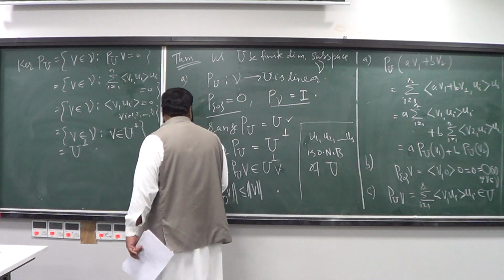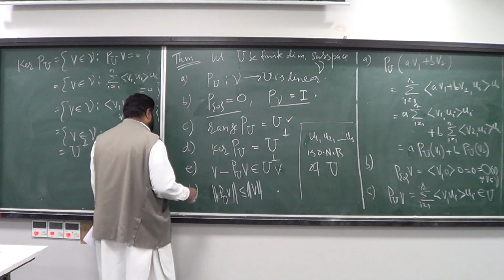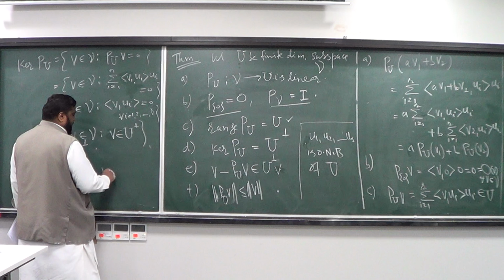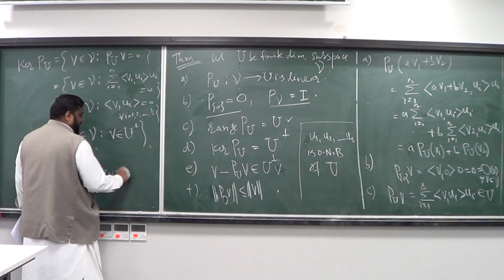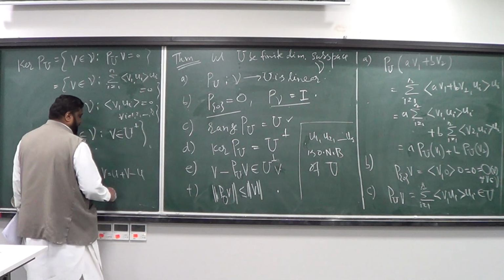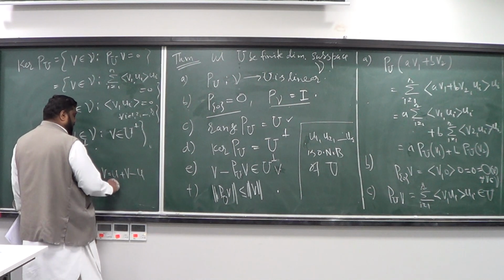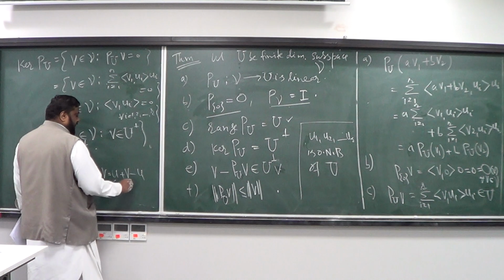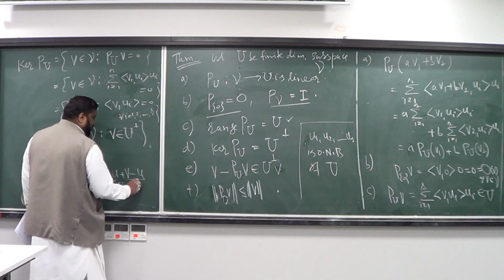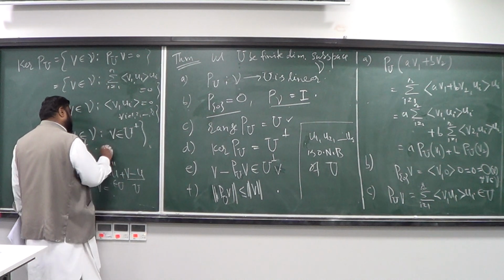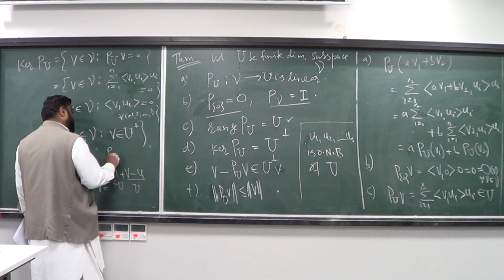We previously said that every v can be written as u plus v minus u, where this u is from U, and this v minus u is from U perp, and this u is basically the orthogonal projection.